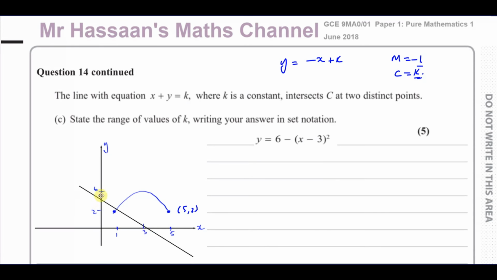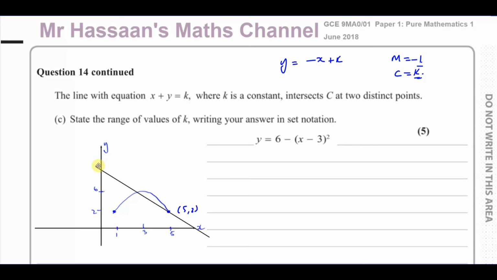So we want the value of k, which is the y-intercept, such that the line passes through the point 5, 2. That will give us one of the limits, and the other limit will be when this is a tangent to the curve. When this line is a tangent to the curve, that's where the other limit is. Just before it's a tangent, there are two solutions.